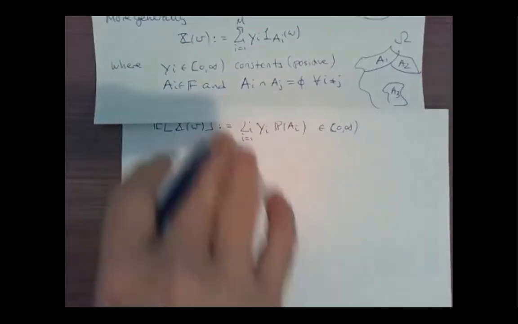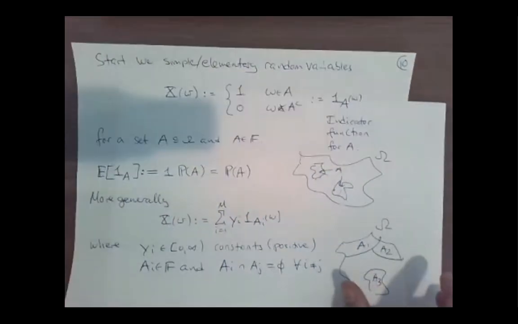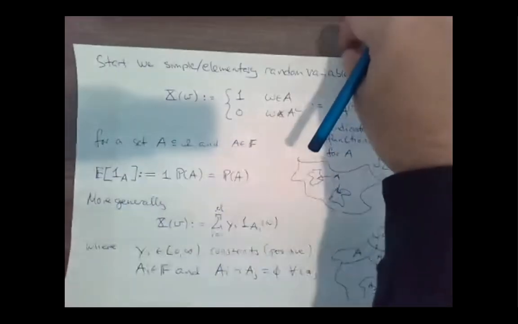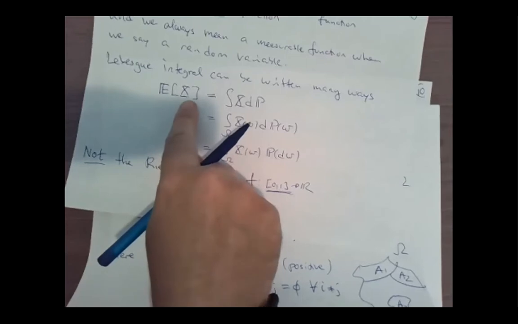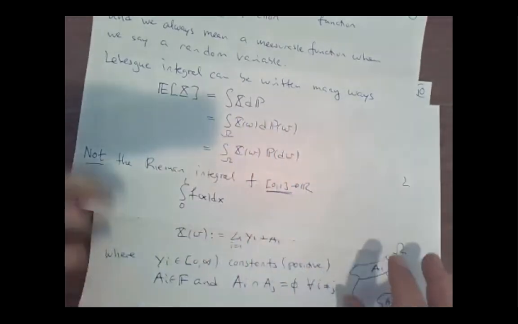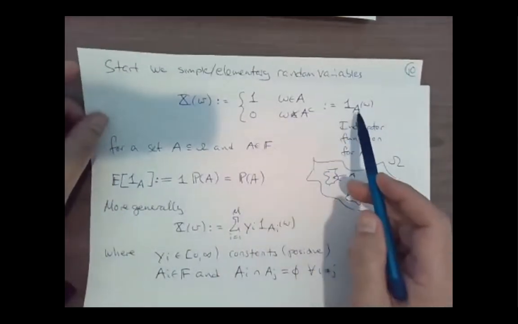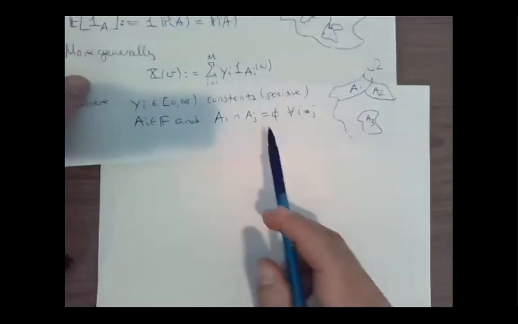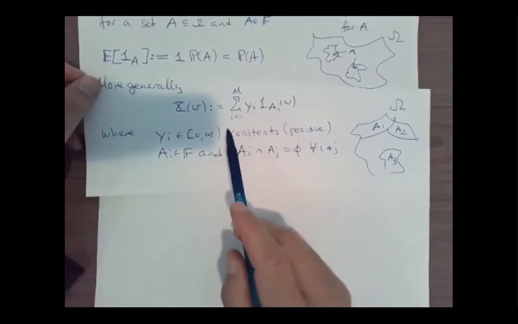Okay, so that's how we do it. That's the starting point of describing the expectation of a measurable function, a random variable. We start out by assuming that it has a much simpler structure, namely just an indicator, or more generally, a sum of indicators for disjoint sets.